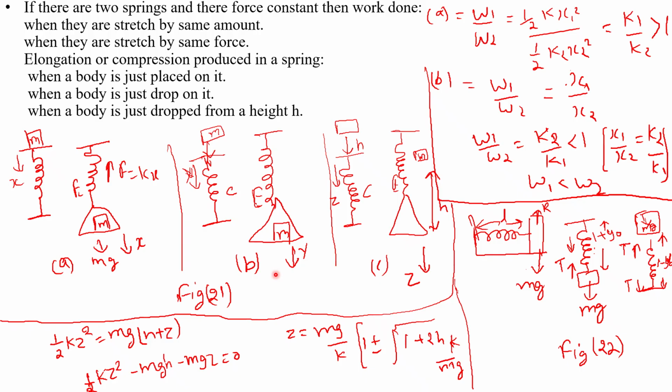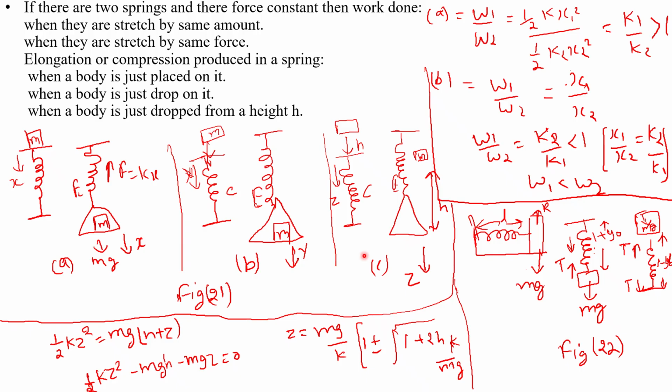Next, when a body is dropped from a height h, then if the spring is compressed by z, the potential energy lost by the body is mg (h plus z), while the elastic energy stored in the spring is half of k z square.